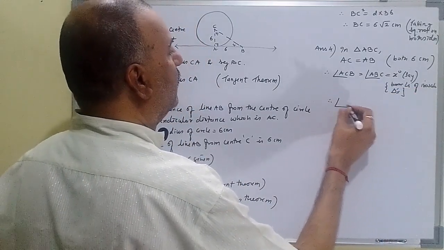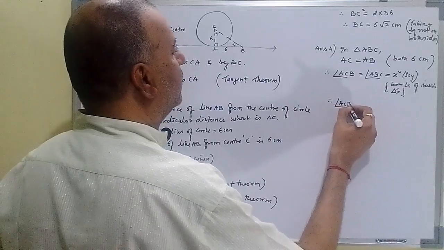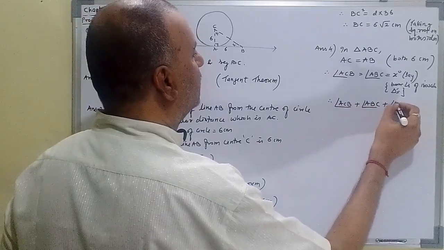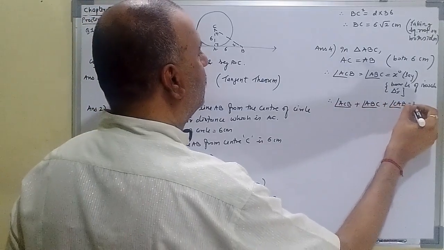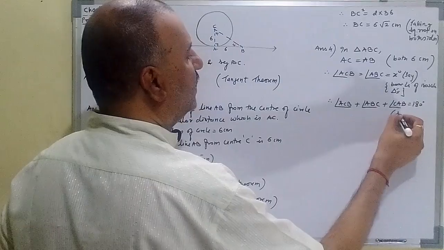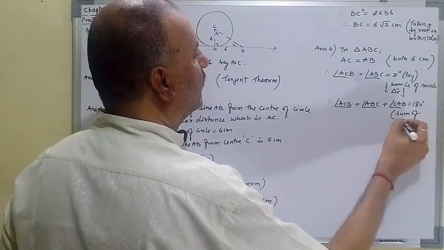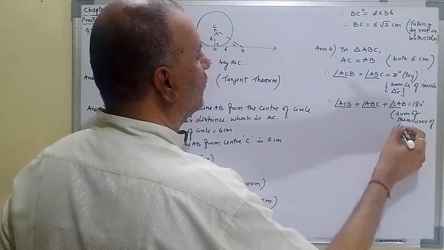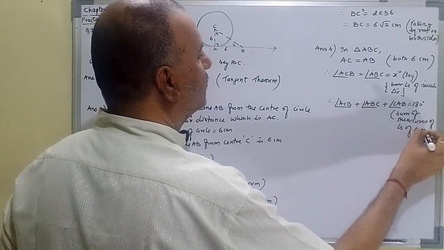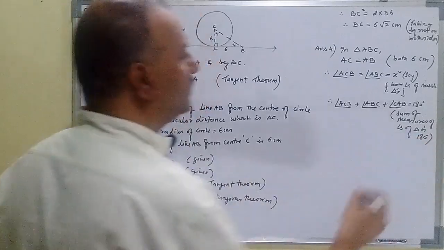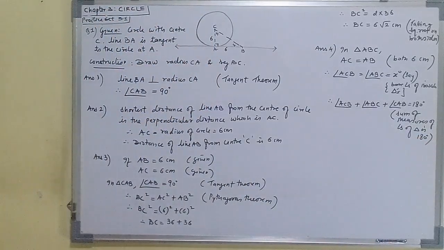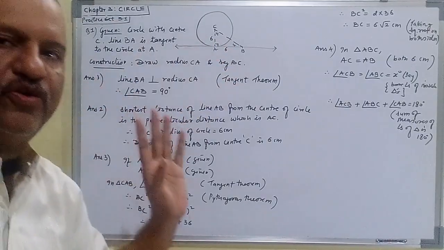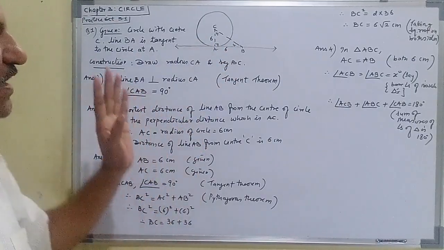Therefore, angle ACB plus angle ABC plus angle CAB equal to 180 degrees. ये क्या है? Sum of measures of angles of a triangle is 180 degrees. ये दो साइड्स इक्वल है तो इसके अपोजिट एंगल्स कॉन्ग्रुएंट होंगे. बेस एंगल्स ऑफ आइसोसेलेस ट्रायंगल.